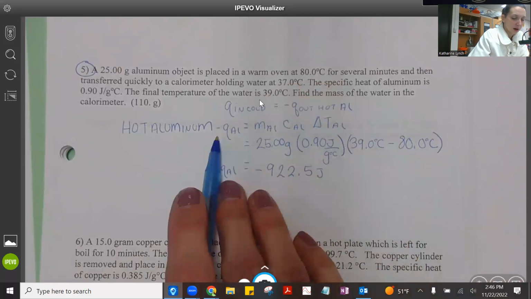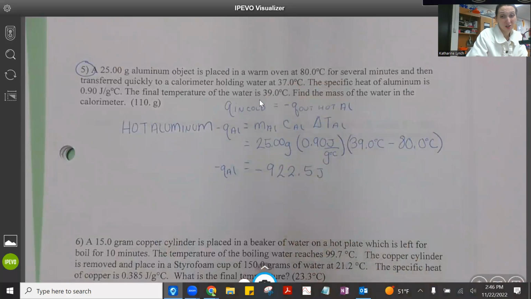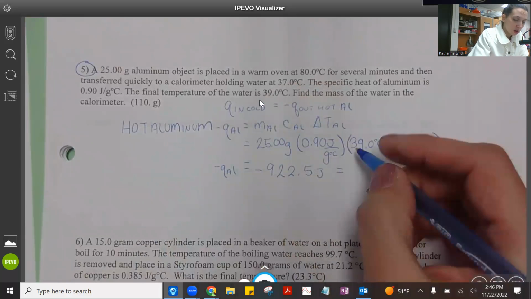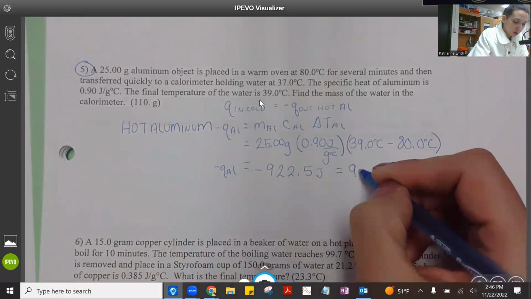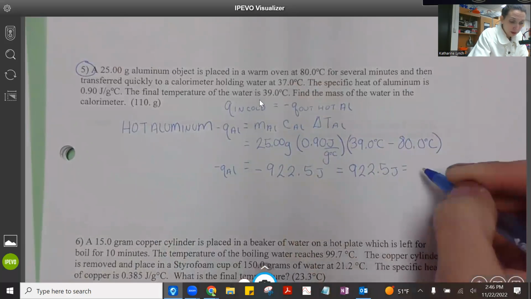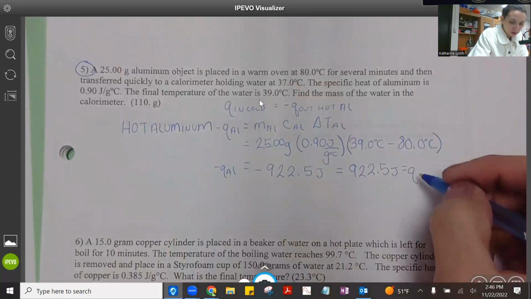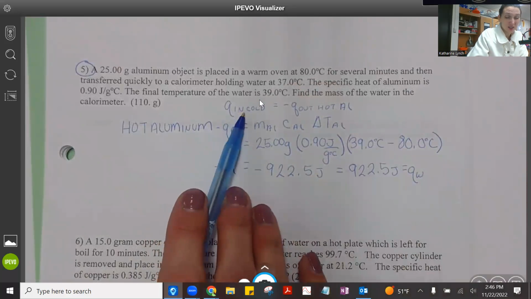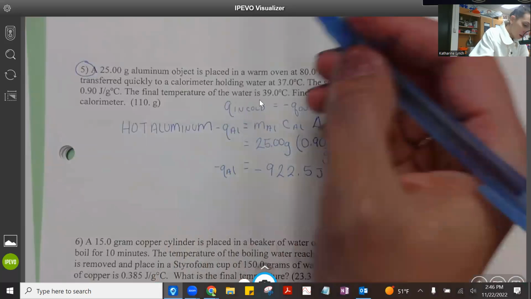I know it's kind of flipped here, but now that I know my energy of aluminum being released, I can say that is equal to the energy absorbed of the water, but I quantitatively flip the sign. That's the energy of my water that's being absorbed. That's the energy that's going into the cold water.